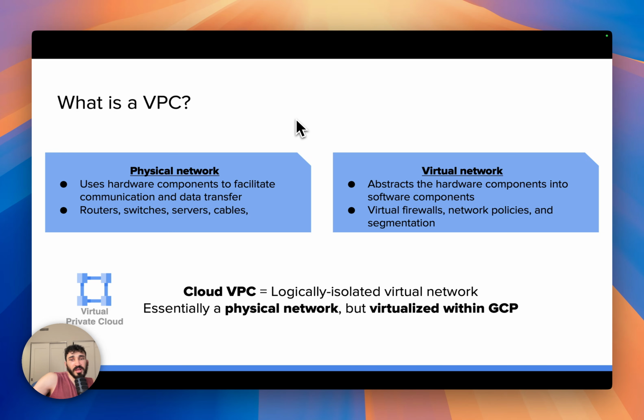So we're dealing with virtual firewalls, virtual network policies, and segmentation, all right? Software-based segmentation. This is all managed through software. And at the bottom, we've got Cloud VPC, which is Google's virtualized network. So it's a logically isolated virtual network. It's essentially a physical network, but it is virtualized within GCP.